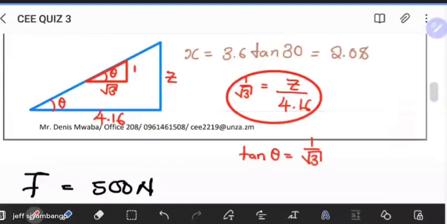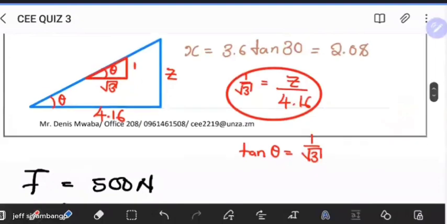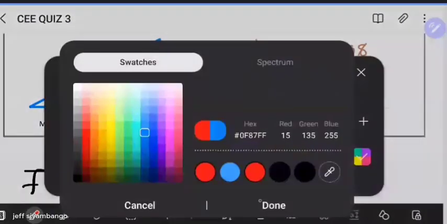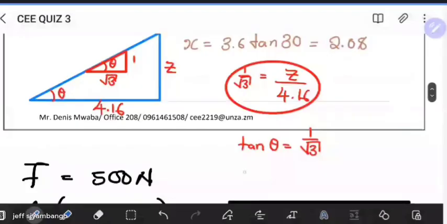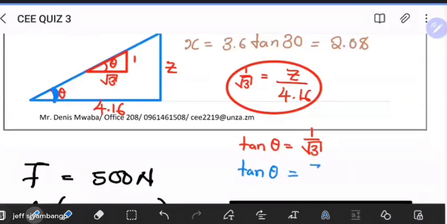For the triangle in blue, it's tan theta, the same angle, but now looking at it from the bottom part: opposite over adjacent, which is Z over 4.16.